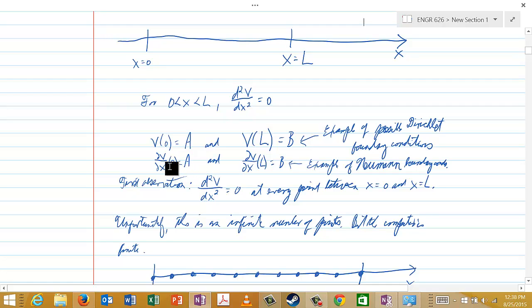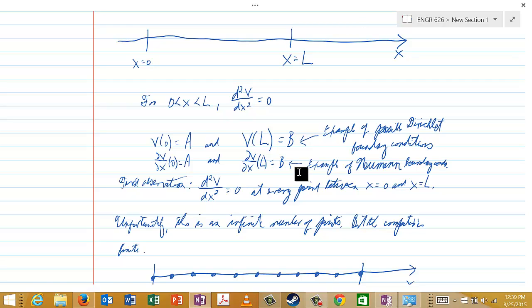On the other hand, another example would be if we knew the partial derivative of v with respect to x at 0 or at L. So we might, for instance, have partial v partial x at 0 is equal to a, or partial v partial x at L is equal to b. Those are called Neumann boundary conditions, where we have a boundary condition on the partial derivative.